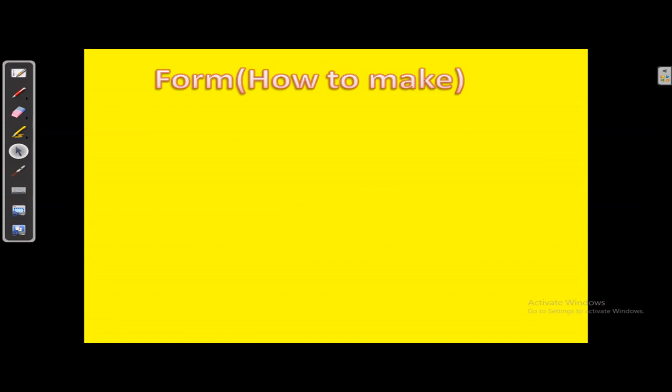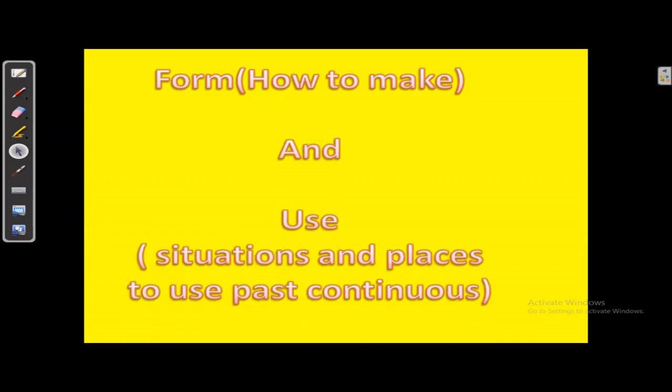So what we're going to learn in this particular video for the past continuous tense: we're going to learn the form, like how to form past continuous tense and different sentences in past continuous tense. Then what we're going to do next would be the use.